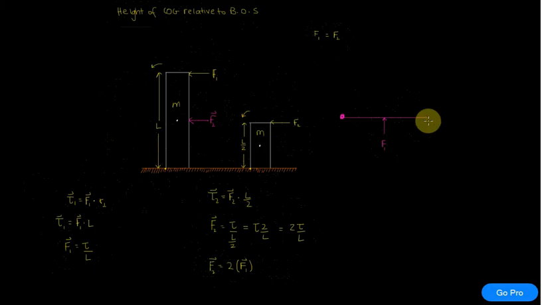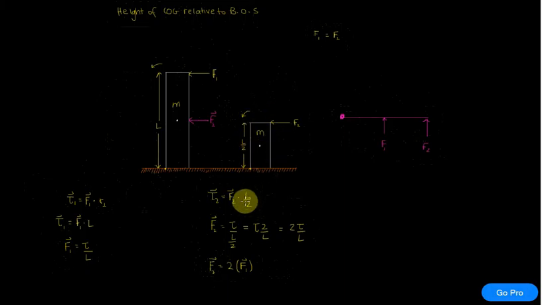If I apply a force a further distance away, the torque is greater, and over here it is less, so it's easier to cause rotation when I apply a force further from an axis of rotation. Same thing here: it's easier to cause this to topple over when I apply a force further from the axis of rotation. It's one of the reasons why shorter objects are more difficult to destabilize.